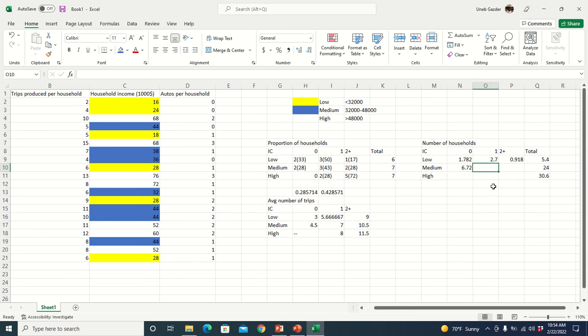So this one again, 60 into 0.4 into 0.43. So this is 0.